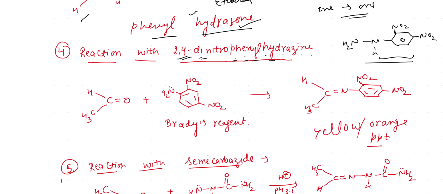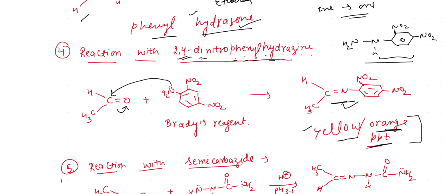Okay, so here NH2 is acting as a nucleophile. Again, it will attack this carbonyl center, and there is formation of the product in which there is a double bond between carbon and nitrogen. And when this bond forms, it looks like a yellow or orange precipitate when you perform the experiment.